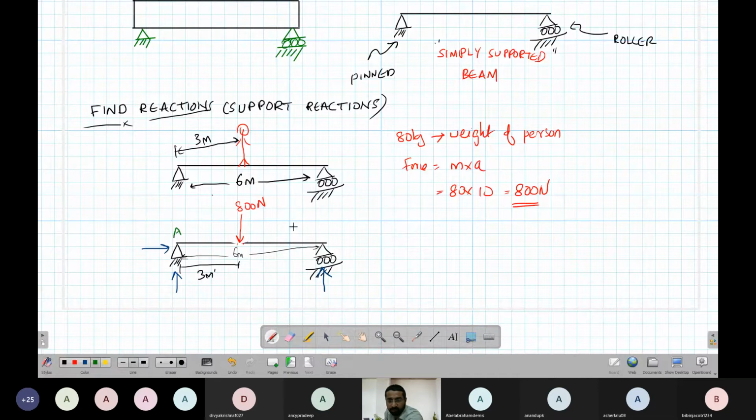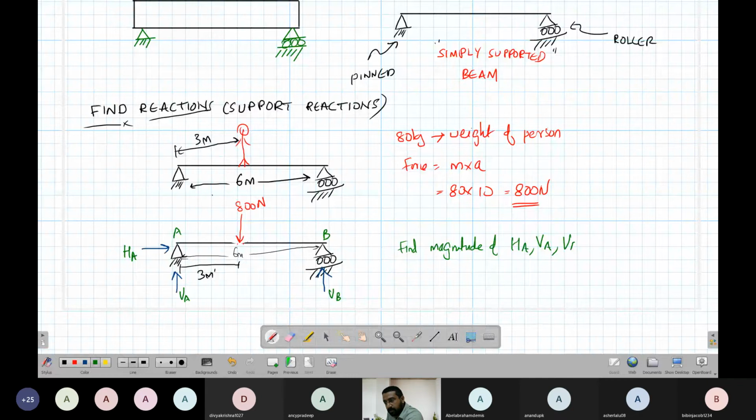This is A, this is B. I'll call these vertical force at A, vertical force at B, and horizontal force at A. Just giving you some names. But what are the values of HA, VA, VB? Find the magnitude of HA, VA, VB. These are what is known as support reactions.